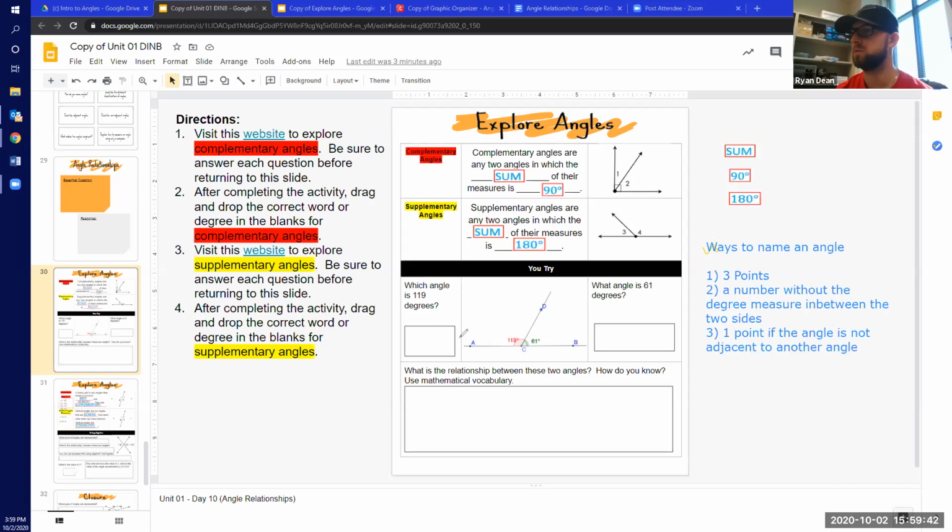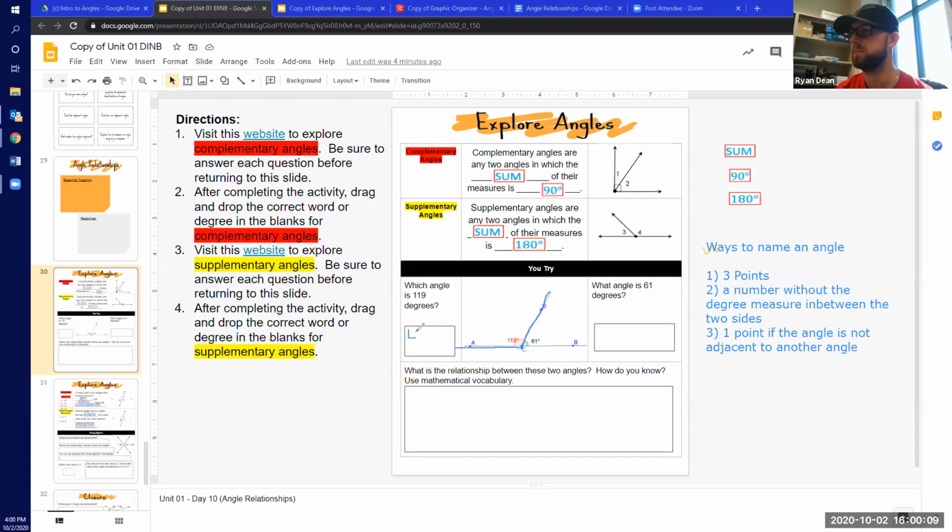Okay, so this asks which angle is 119 degrees. So here's 119 degrees, okay? And the first thing that I'm going to do is identify the two sides that make up this angle, right? So those two are right here. Now the points have to be on the sides that make up the angle, and where the two sides meet, remember that's our vertex, that point's always going to be in the middle. So there's two ways to name this one.